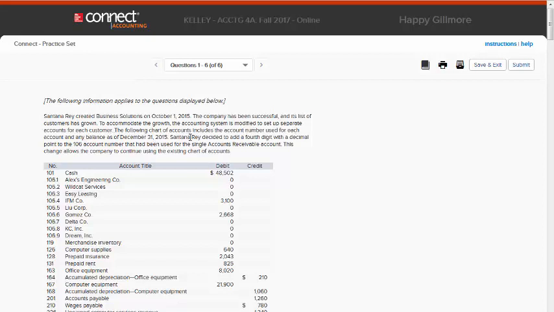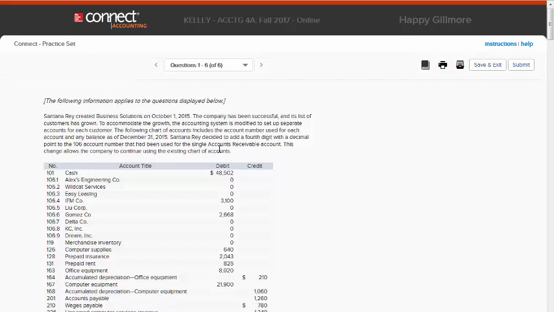The following chart of accounts includes the account number used for each account and any balances as of December 31st, 2015. Santana Ray decided to add a fourth digit with a decimal point to the 106 account that has been used for the single accounts receivable.